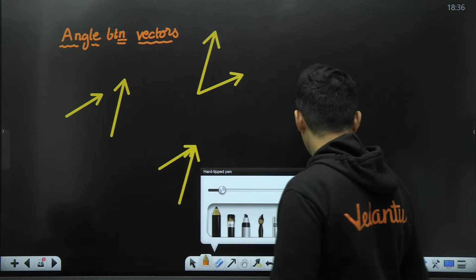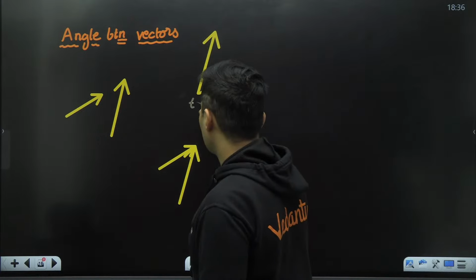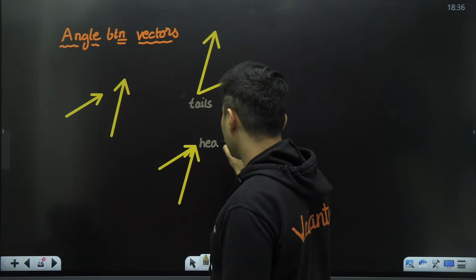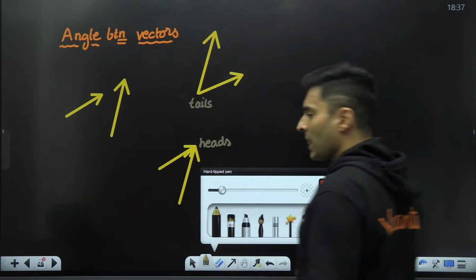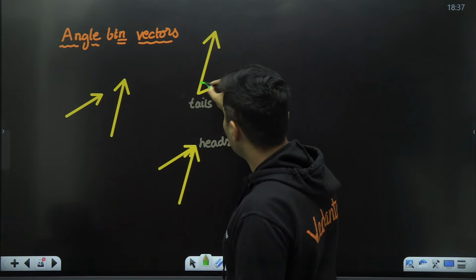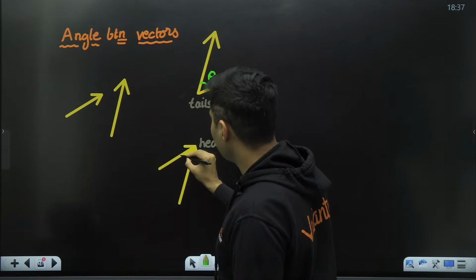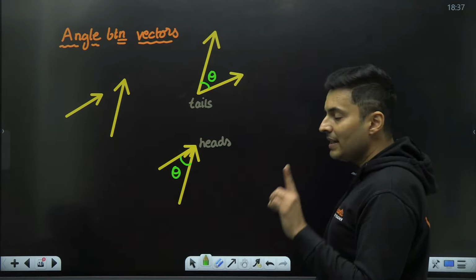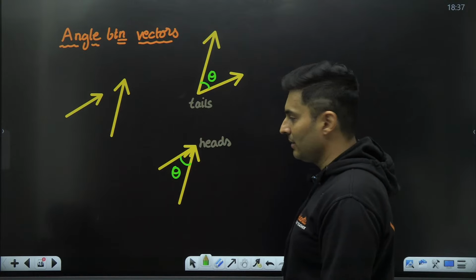Either their tails should coincide with each other or their heads should coincide with each other. Once they do, then measure the angle between them. That is the correct angle between two vectors. That is the correct way of measuring the angles.